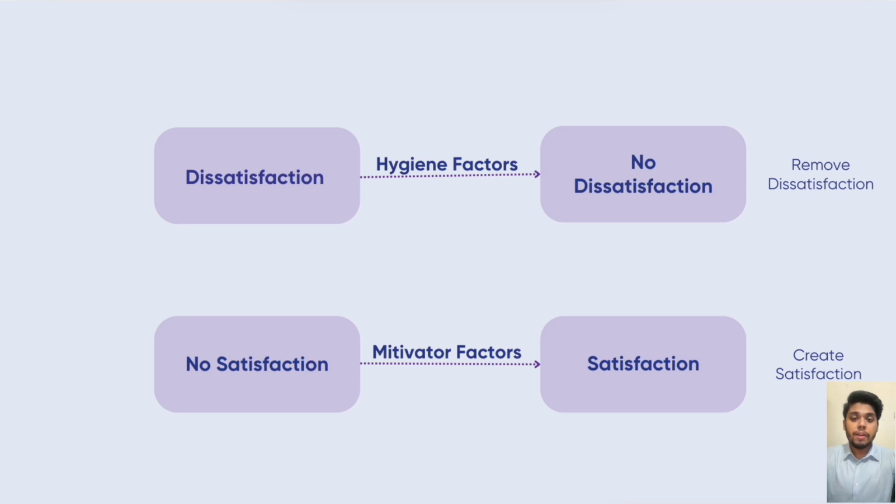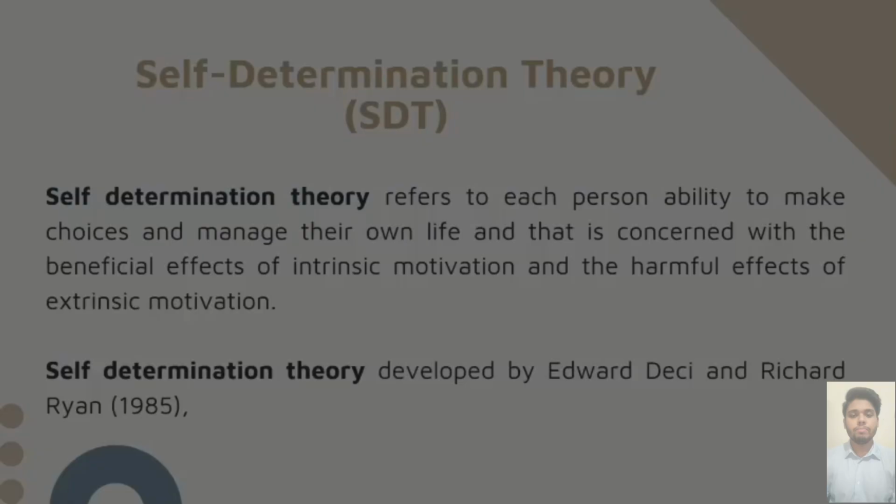The hygiene factors convert the dissatisfaction of the employees to no dissatisfaction. They just create the balance, creating the neutral position. On the other hand, motivator factors convert the no satisfaction to satisfaction, and then ultimately these two steps provide the proper motivation to the employees or the followers.